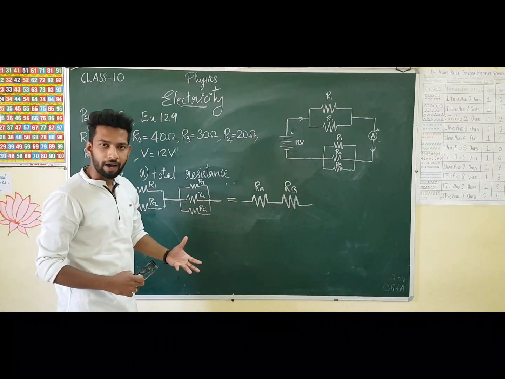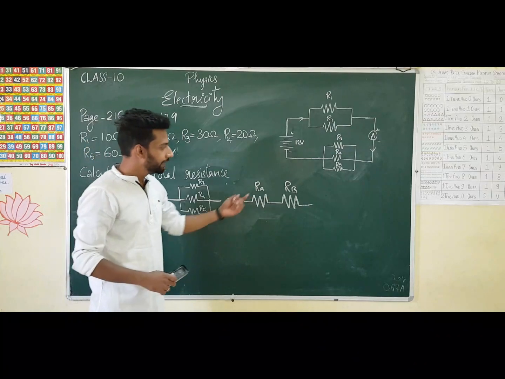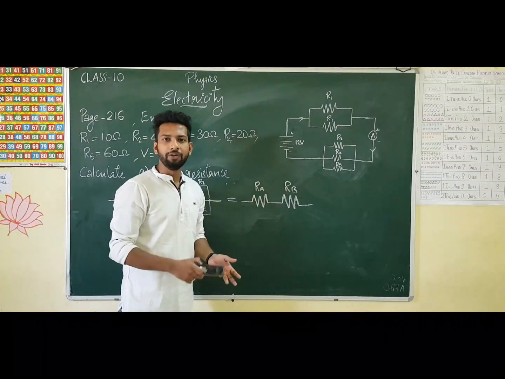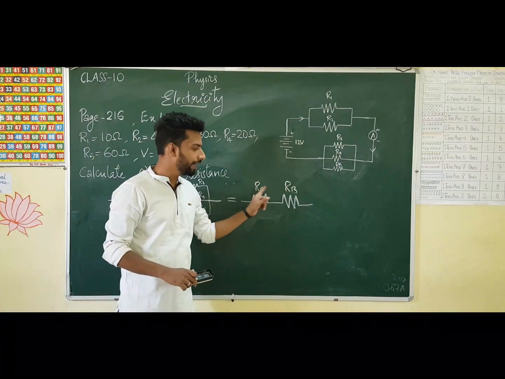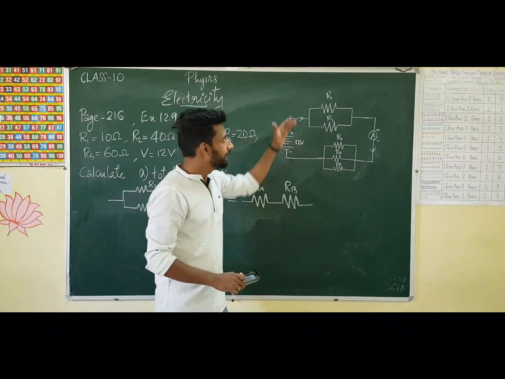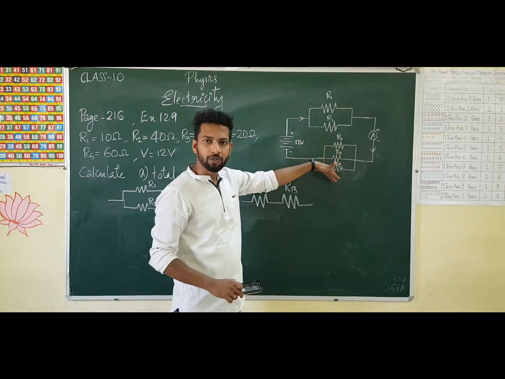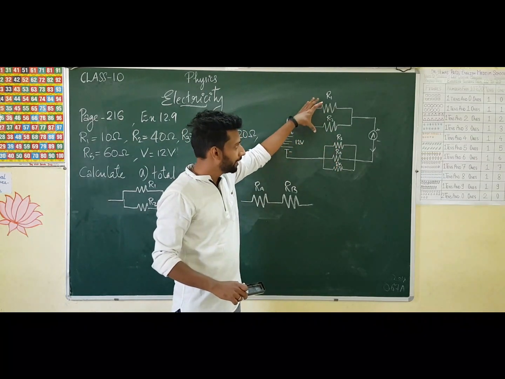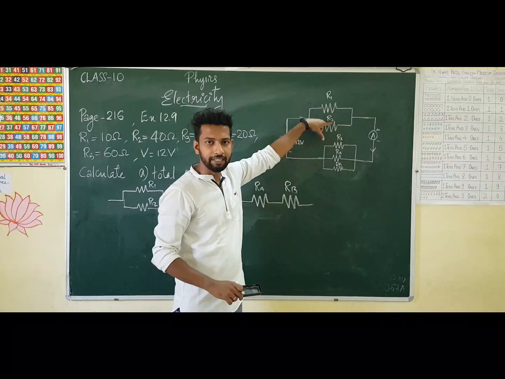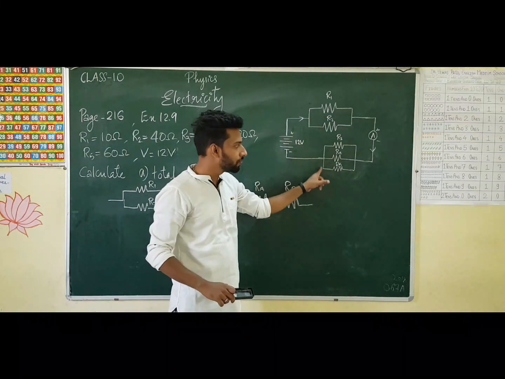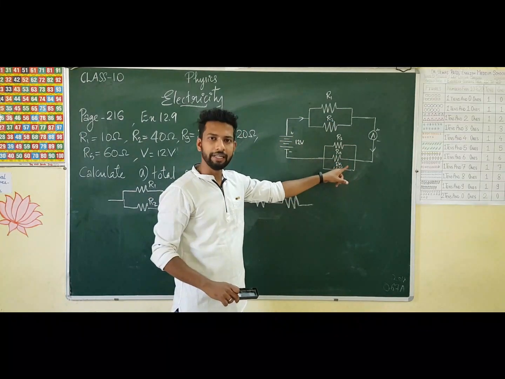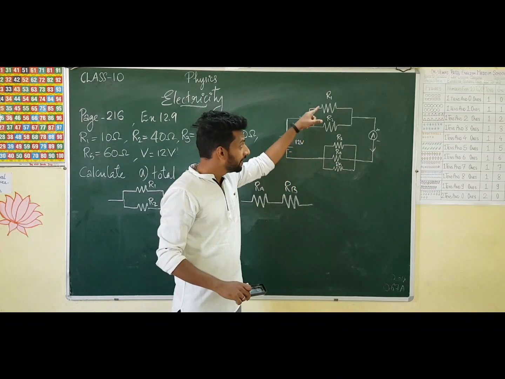First, we have to calculate Ra by using the parallel equation. Then Rb. Then we will use the series combination of Ra and Rb. So I will explain again. Here R1 and R2 are parallel, R3, R4 and R5 are also parallel. For these parallel combinations, we get a total resistance, represented by Ra, and here also there will be an equivalent resistance, represented by Rb.